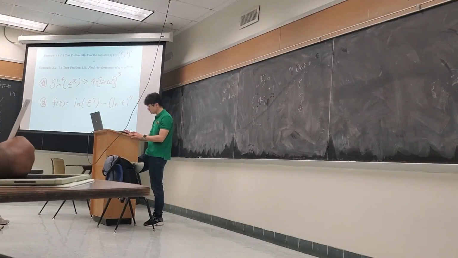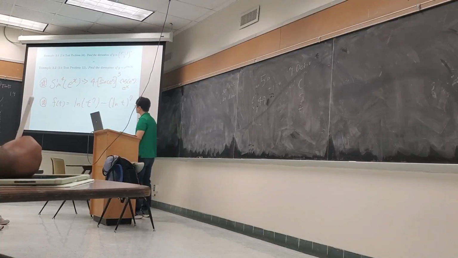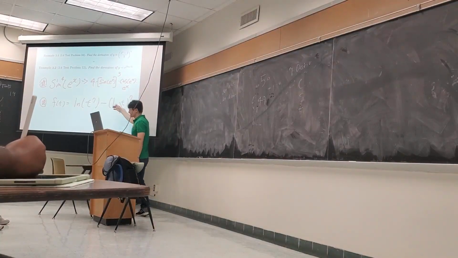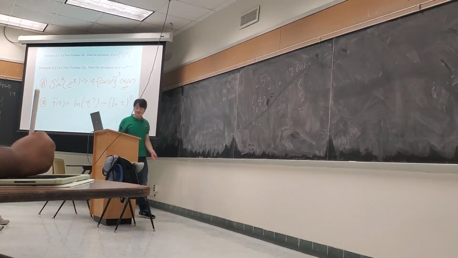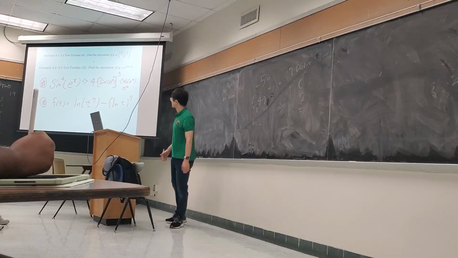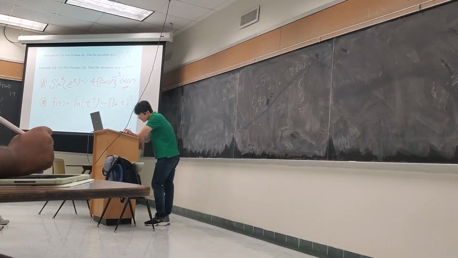Power 3 times cosine e^x times e^x. Yeah, it is confusing. But if you understand the chain rule, then it should be just a 30 seconds problem. I'm asking how to find the derivative.